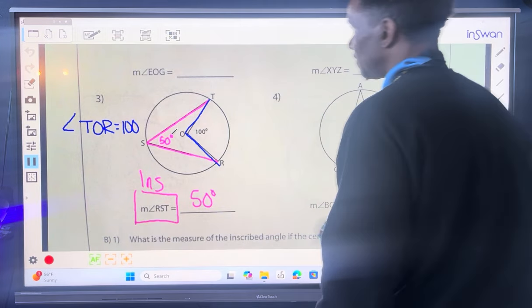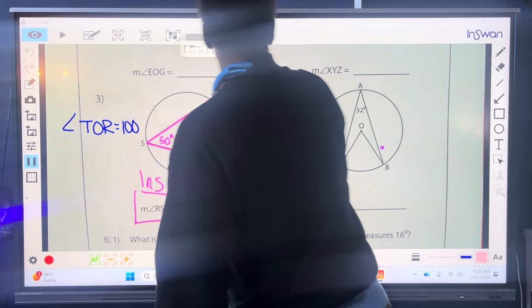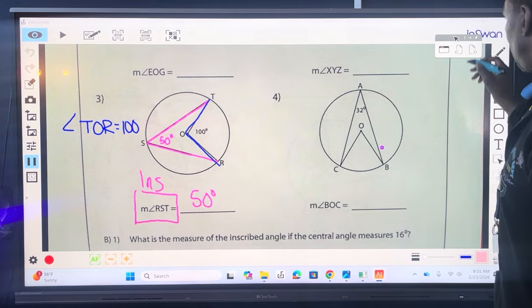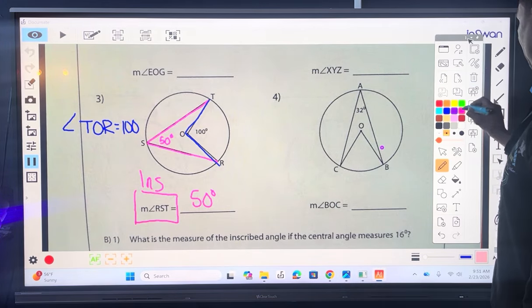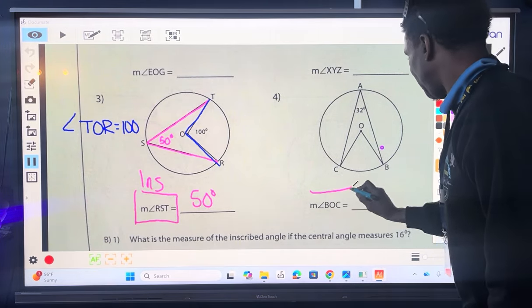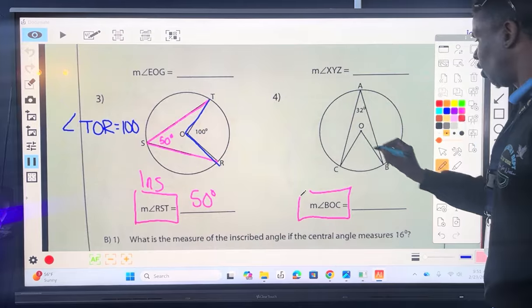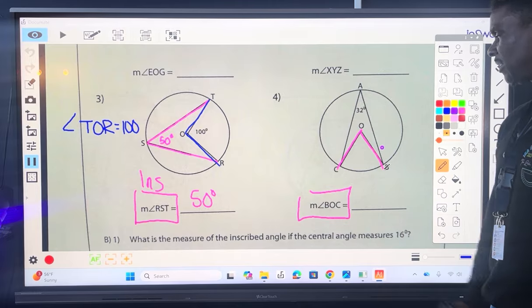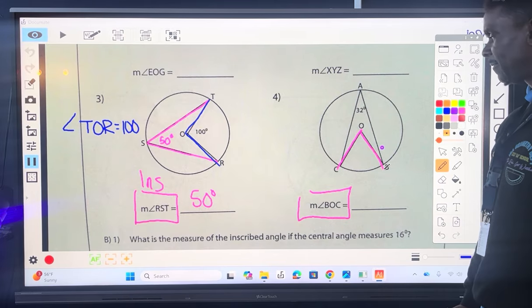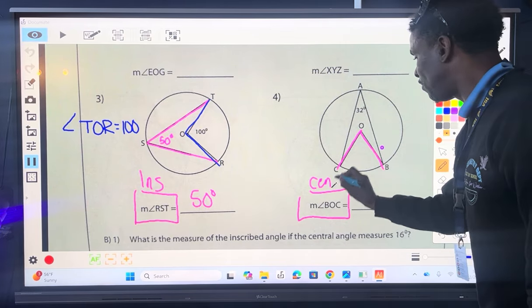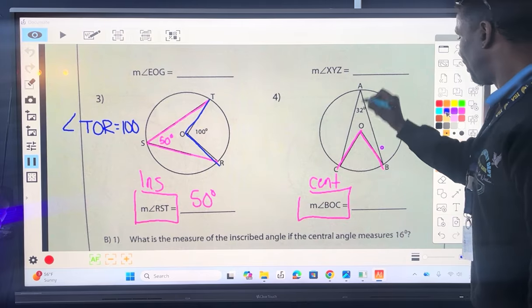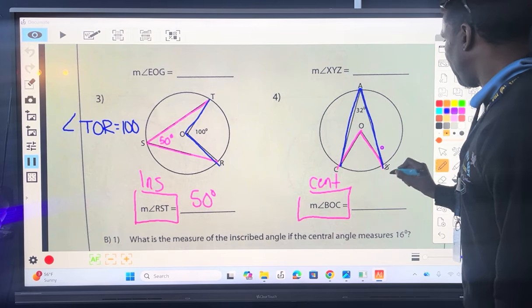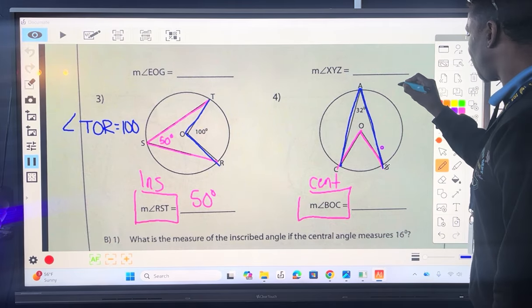Mia, we good with this? So, if I got BOC on number 4, they want BOC. BOC is my what? Central. Yeah. This time BOC is the central, and CAB is your inscribed.